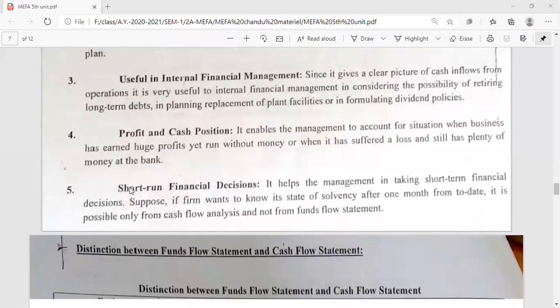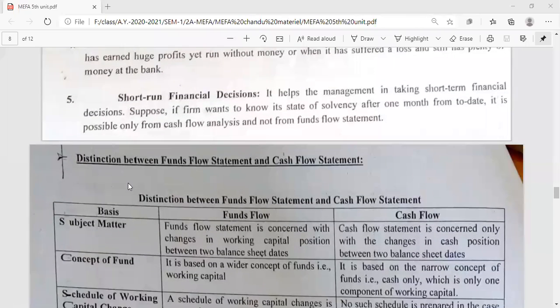Short-term financial decisions. So by seeing this cash flow statement only, you can take some short-term financial decisions. So if the firm has to pay some money after 1 month from today's date, it is possible only from the cash flow analysis and not from the fund flow analysis, right?